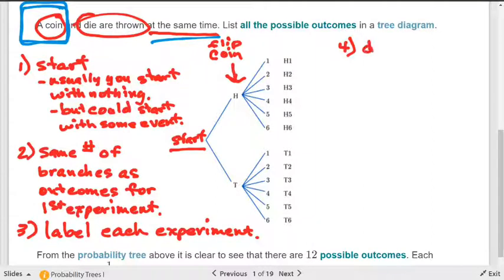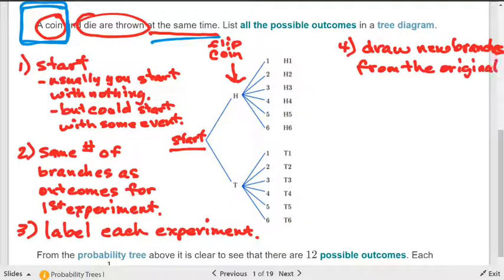Then you're simply going to draw the new branches from the original branches. So if you have another experiment, you don't get a new tree diagram.